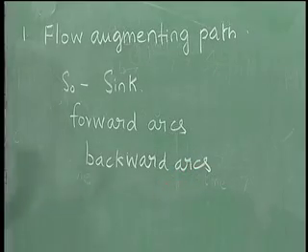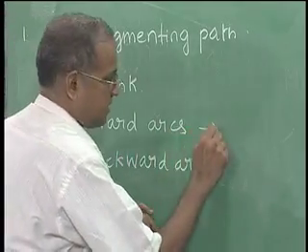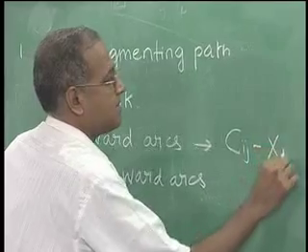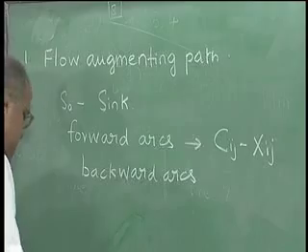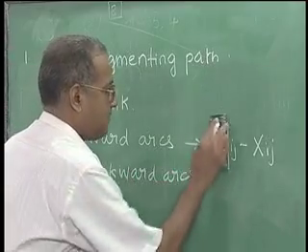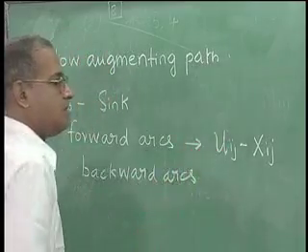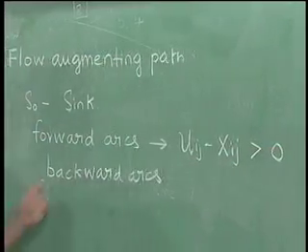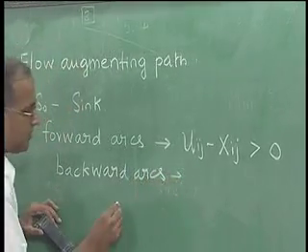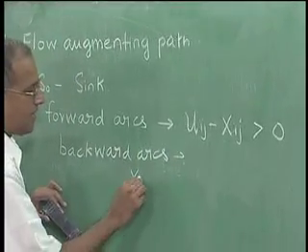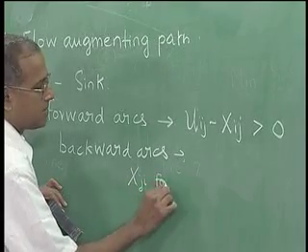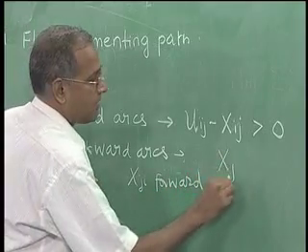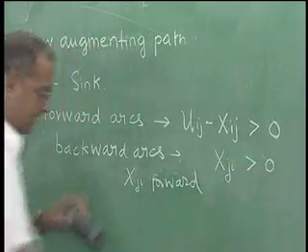Such that for every forward arc in the path, the present xij, Cij minus xij, if we call the capacity as Cij, or we may call the capacity as Uij, Uij minus xij is strictly greater than 0, and if it is a backward arc, then there is an xji in the forward direction, only then it becomes a backward arc, and the flow xji is strictly greater than 0.